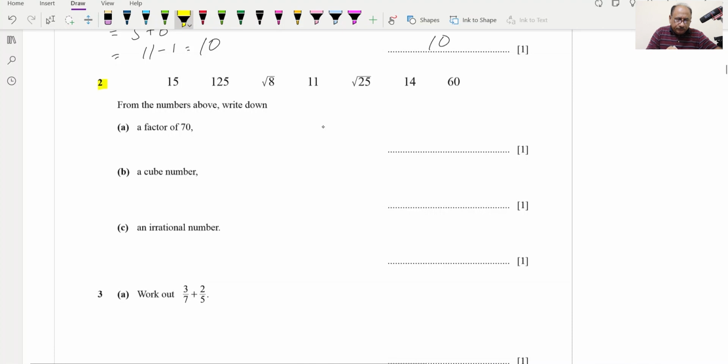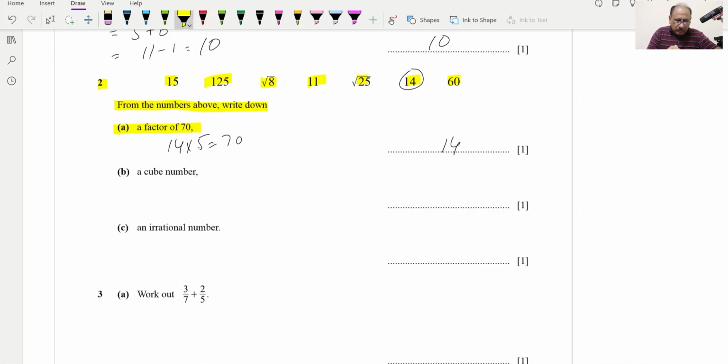Question number 2, from the numbers written above, so these are the numbers provided, a factor of 70. So we know that a factor of 70, 14 5s are 70, so 14 is over here, so we can write 14 as the factor.